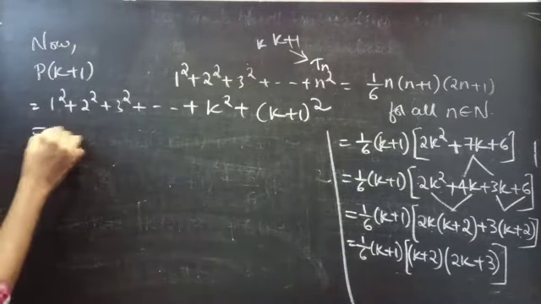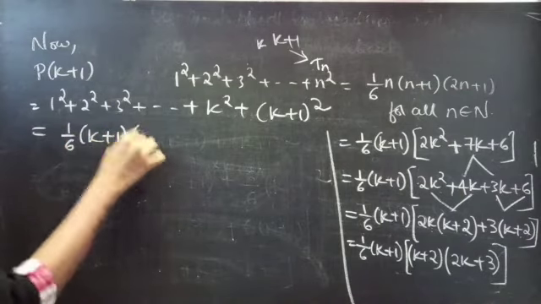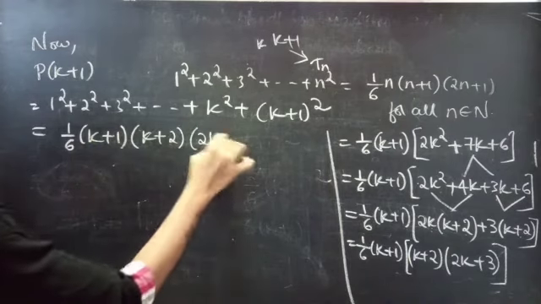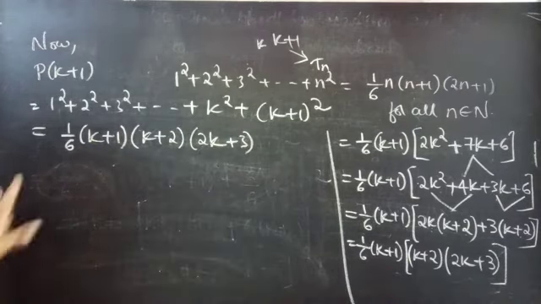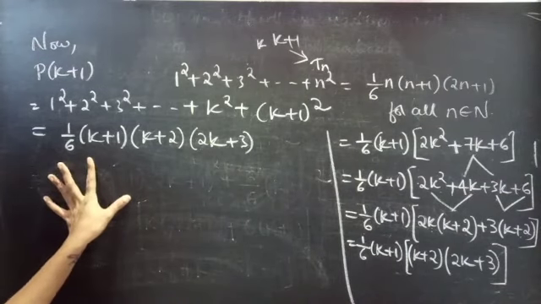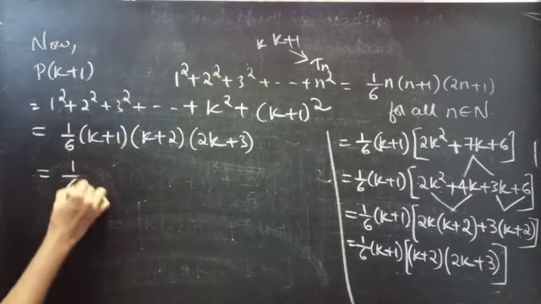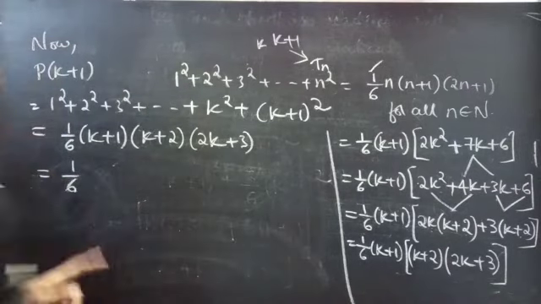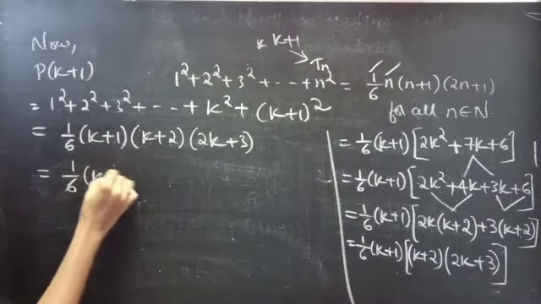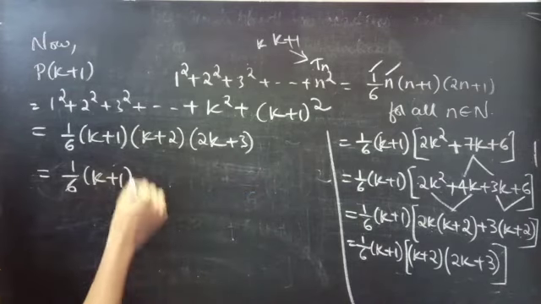Which equals 1 by 6 into k plus 1 into k plus 2 into 2k plus 3. Okay. So here we have to get everything in terms of k plus 1. Fine. So this equals 1 by 6, first one, into k plus 1 for n equals k plus 1. So you need to change this 2 in terms of k plus 1.